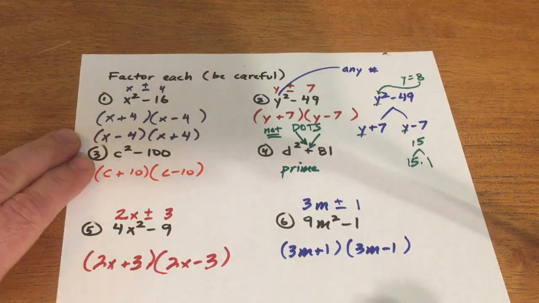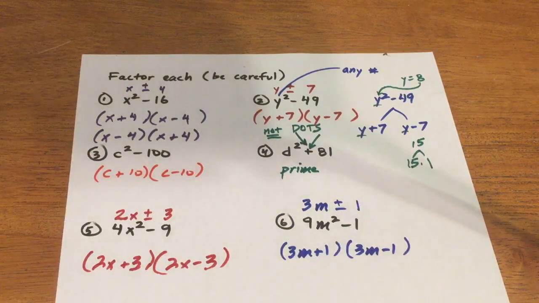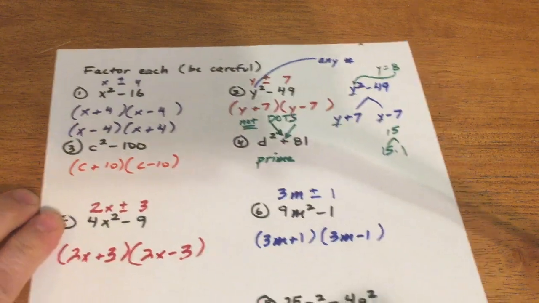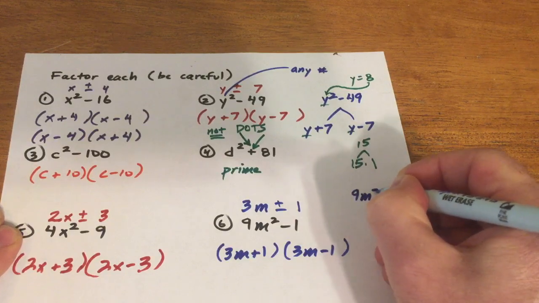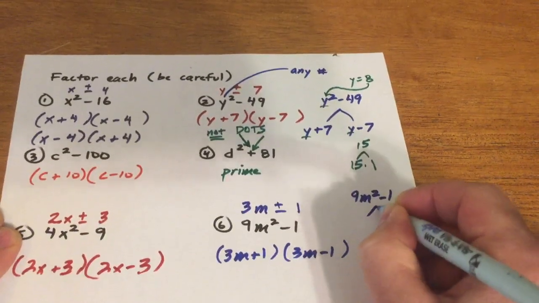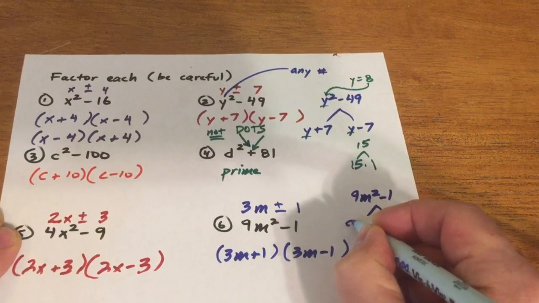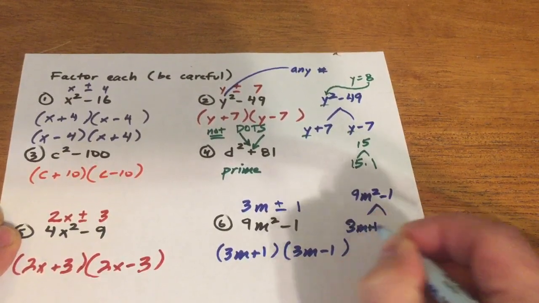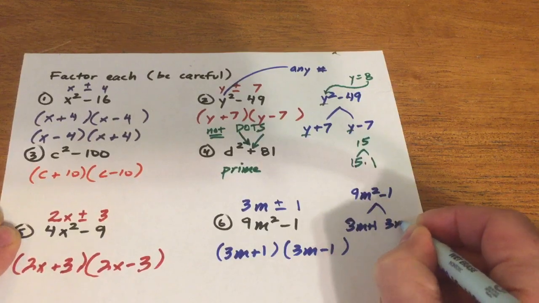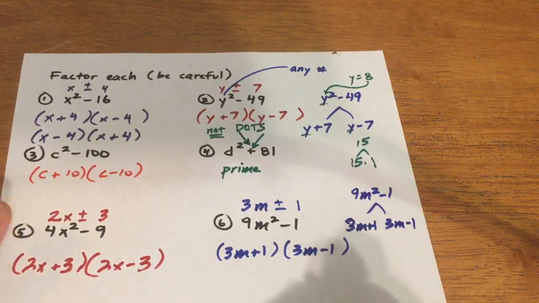So what we have right here in this problem is 9m squared minus 1. And so I'm going to go ahead and write that here, 9m squared minus 1. And that's going to factor into 3m plus 1 times 3m minus 1.